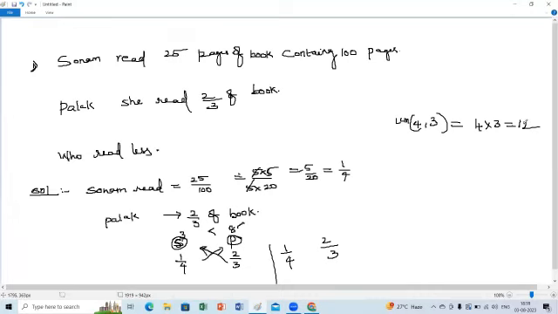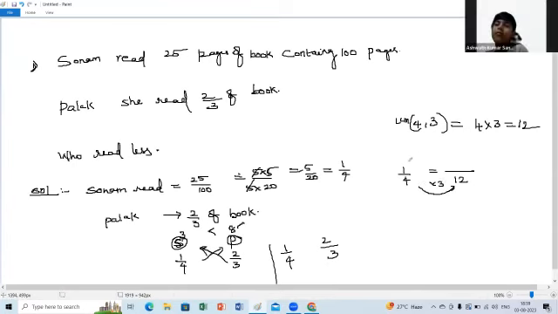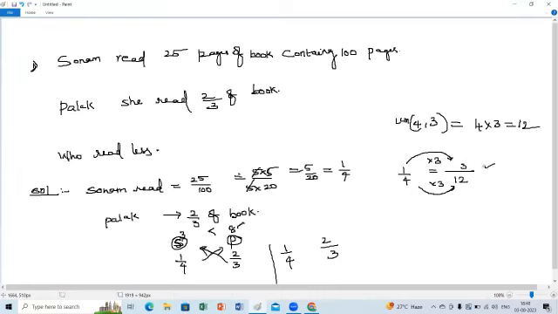Now go back to the question. The first fraction is given as 1/4, which is equal to denominator 12. How many times is it? 4 times 3 is 12, so the same number you are supposed to multiply on the numerator also. 1 three is 3. This is your first fraction.